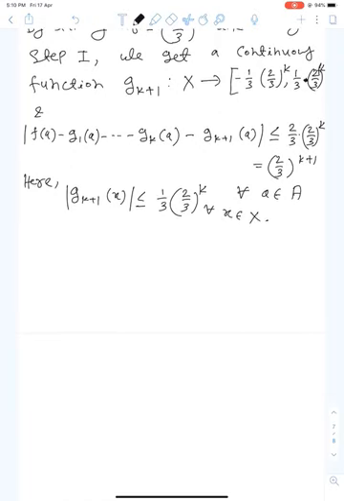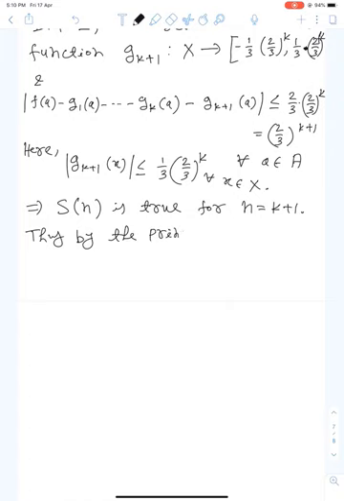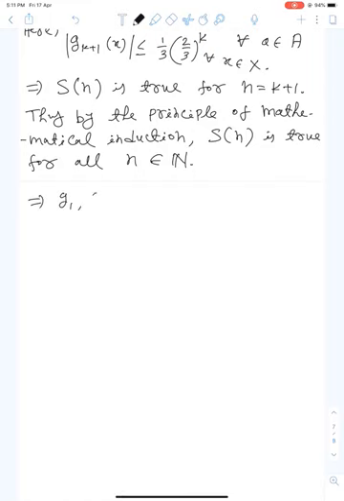Thus, by the principle of mathematical induction, we can say Sn is true for all n belongs to natural numbers. That means g1, g2, g3 all exist. So that implies g1, g2, g3 all exist.